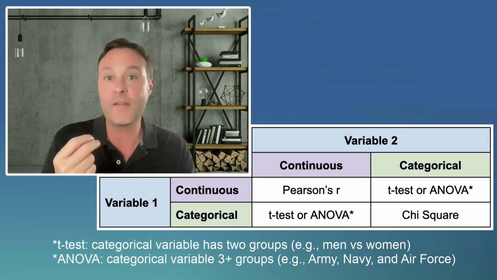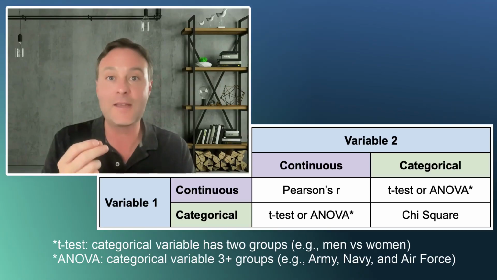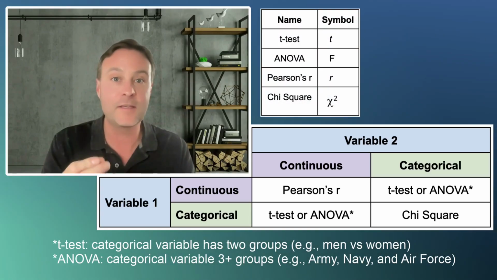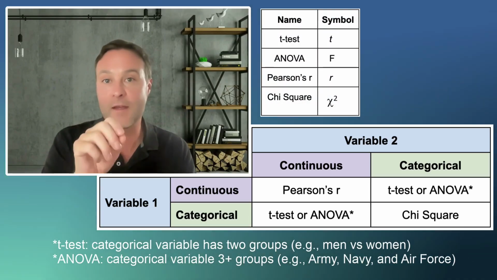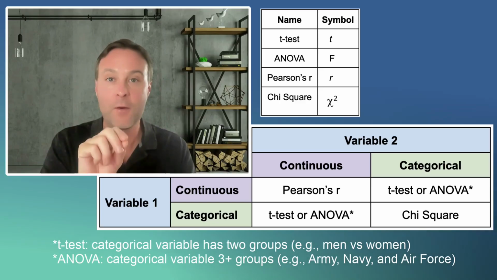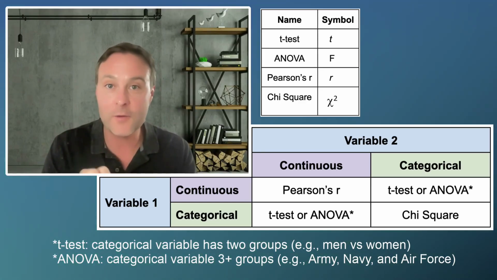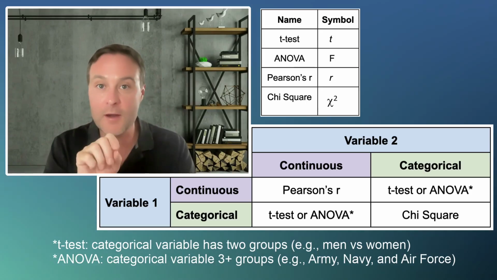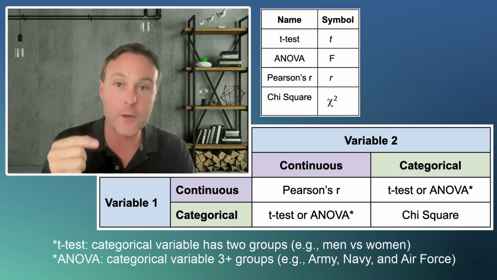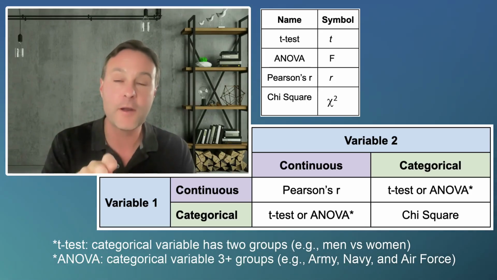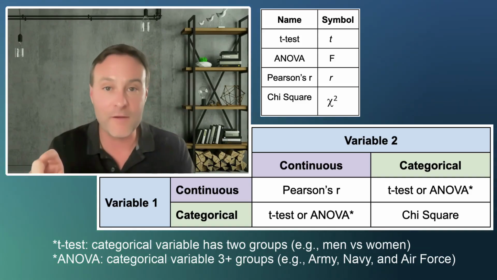So all of these four tests, these four bivariate tests, which allow you to compare two variables, are basically testing to give you a test statistic. The test statistic would say t equals, or capital F equals, or lowercase r equals, or chi-squared equals, and it would give you a number. Then that number goes into a formula to give you a p-value.